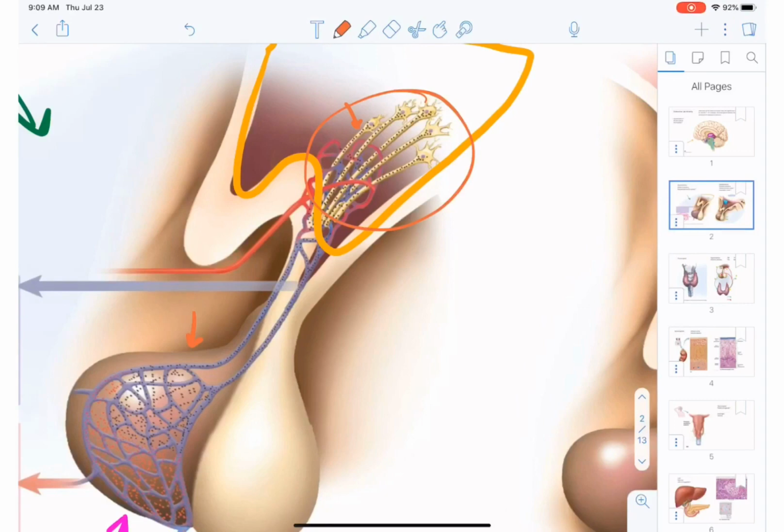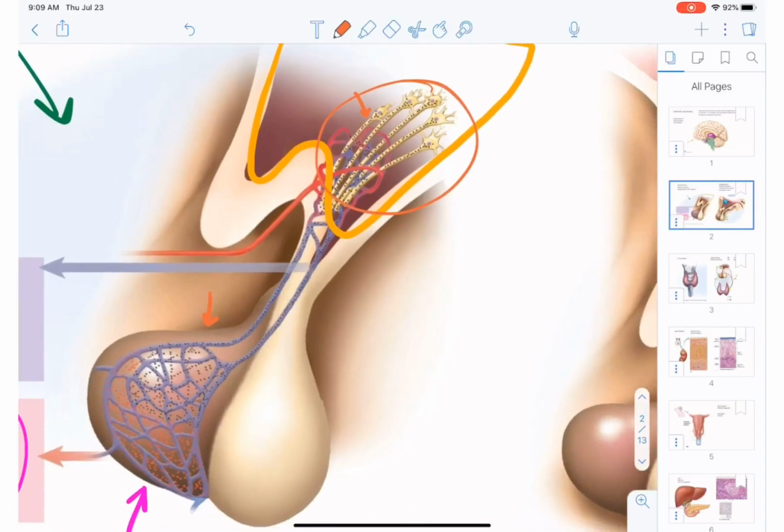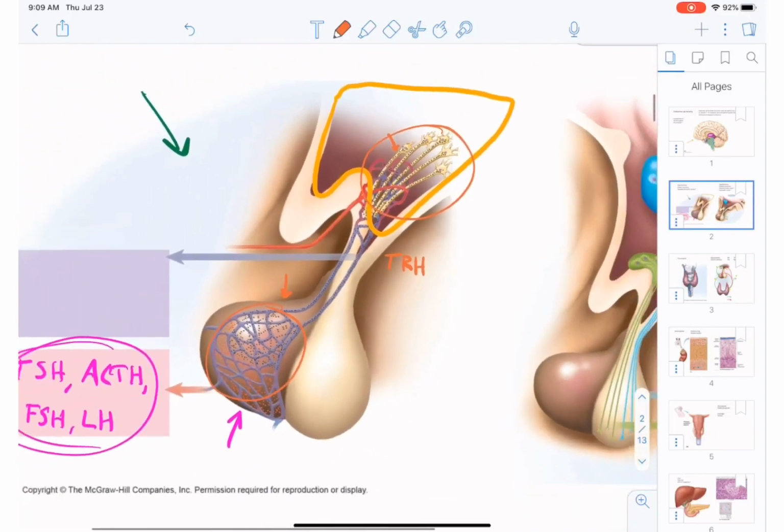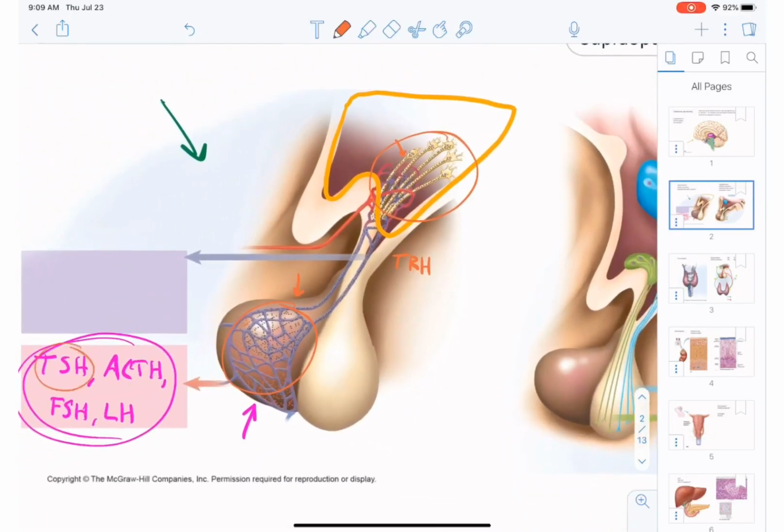So for instance, these nerve cells up there, these neurons, might release the hormone TRH. TRH is going to travel down to the anterior pituitary, and it's going to stimulate the release of TSH. Or these neurons in the hypothalamus may release the hormone CRH.